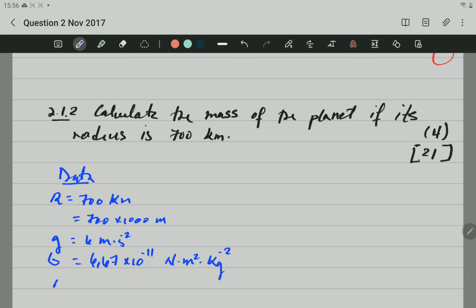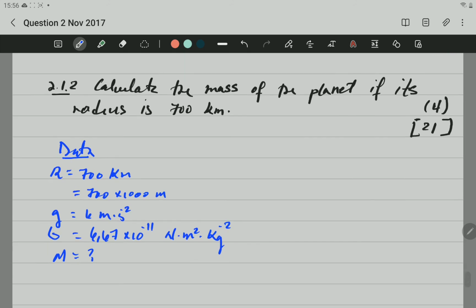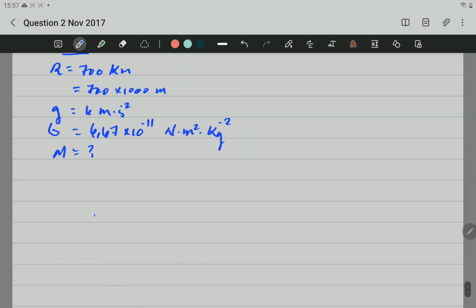And then we are looking for the mass of the planet. So what formula can we use? Well, acceleration due to gravity is equal to capital G multiplied by the mass of the planet divided by the radius to the power 2.